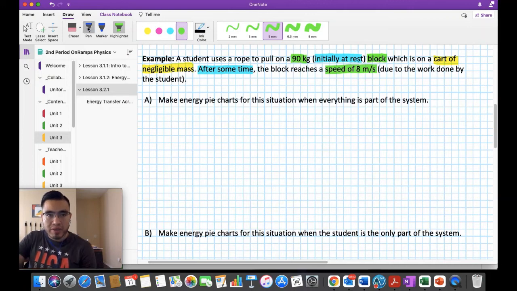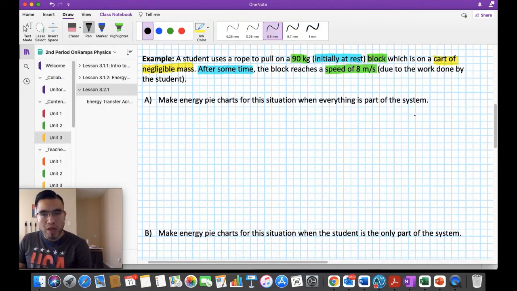So let's start with the schema. I'm going to do it on this side. In this case, I'm going to simplify my system as much as I can. Of course, I'm going to have the block, right? Well, let's start with the student, right? The student is the one doing the work, literally. Just like you guys, and you guys do all the work sometimes.